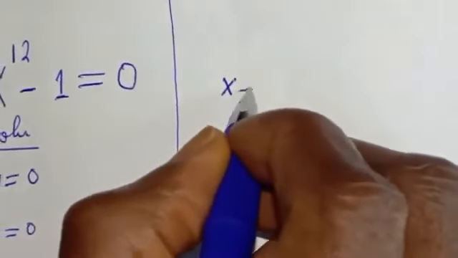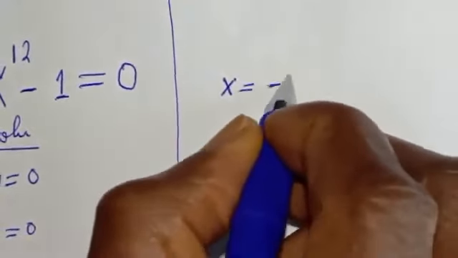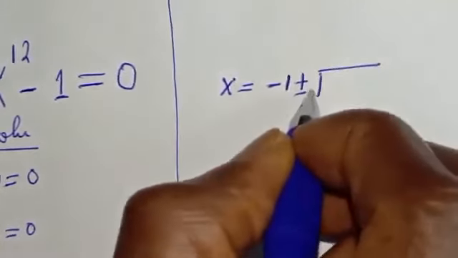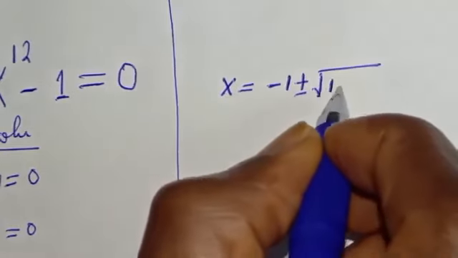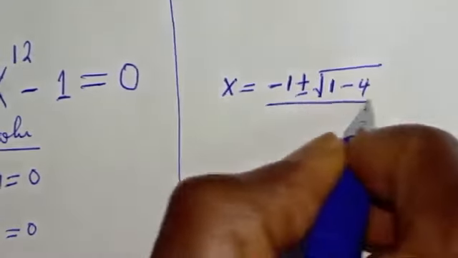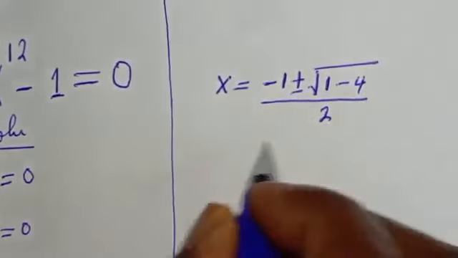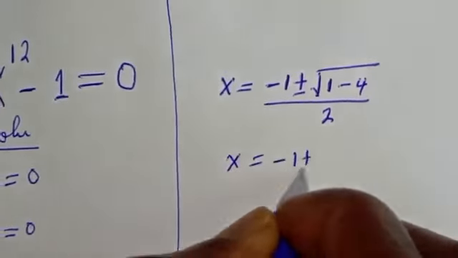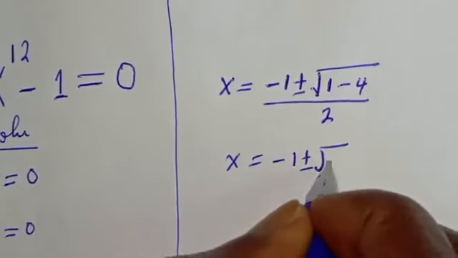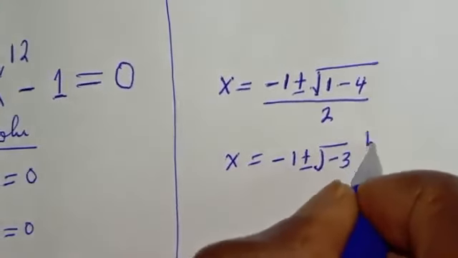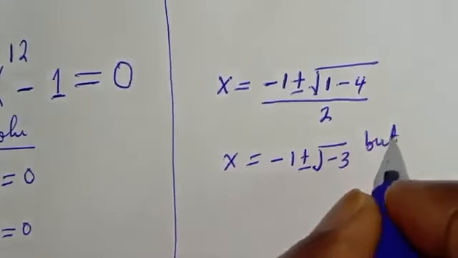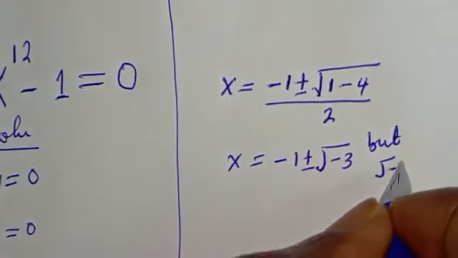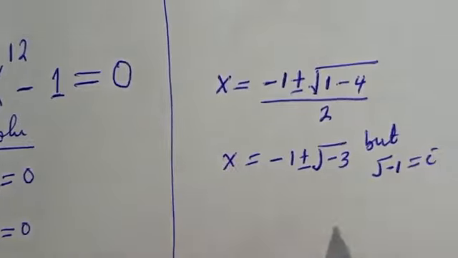s is equal to minus 1 plus or minus square root of 1 minus 4 over 2. Then s is equal to minus 1 plus or minus square root of minus 3. But square root of minus 1 is equal to i.